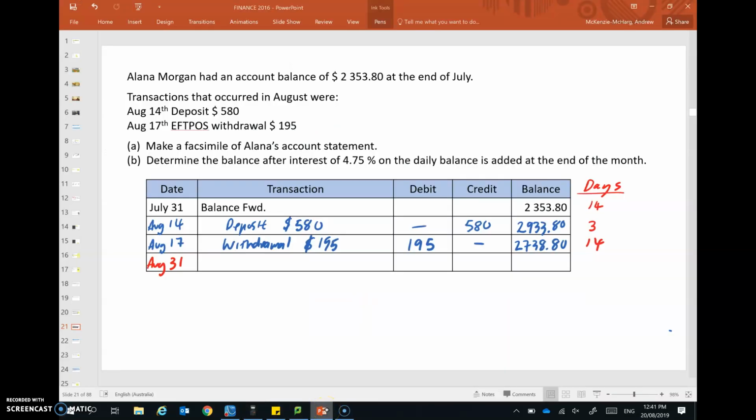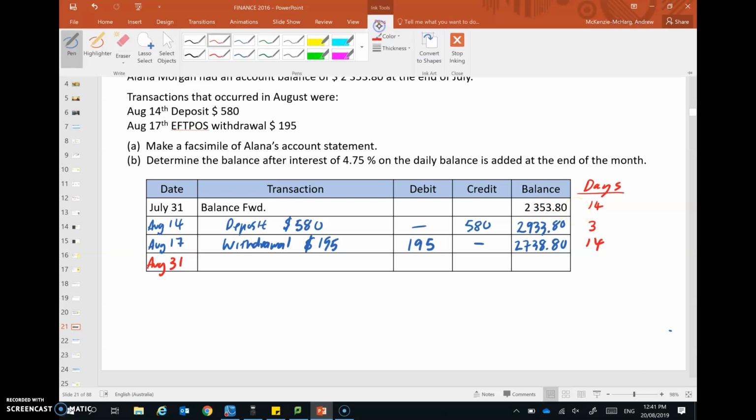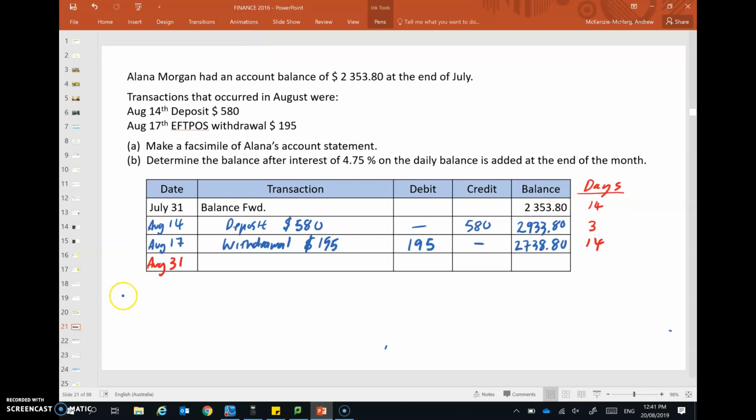So the next thing to do is to figure out the amount of interest on each of these balances. So we've got 3 different balances. We've got July 31 to August 14th. Here's our first one. So we use the simple interest formula here.